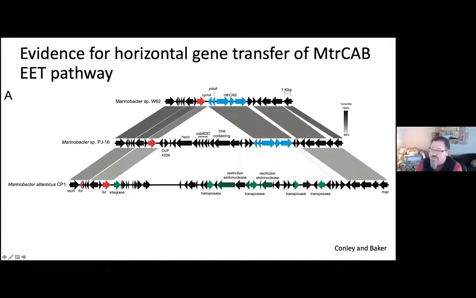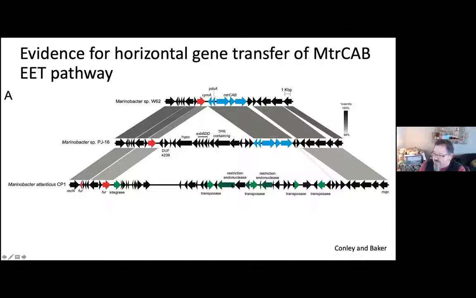Another instance, so these are now 2 different Marinobacter strains, also being compared to Sarah Glavin's strain, CP1. This W62 strain has this pathway here again. And then there's another Marinobacter strain that has this exact same pathway with a whole bunch of extra bits here. And this region in the CP1 strain is littered with elements that are often correlated to horizontal gene transfer events or transposition events.